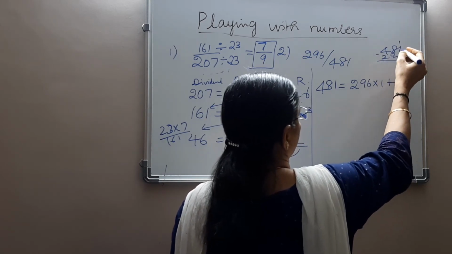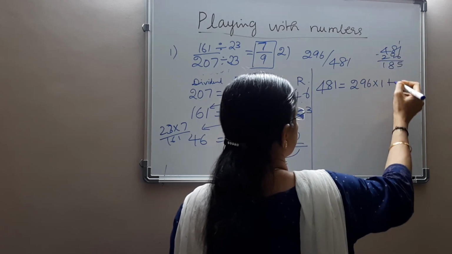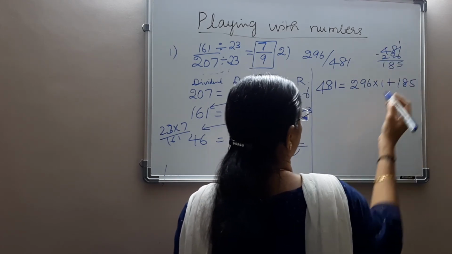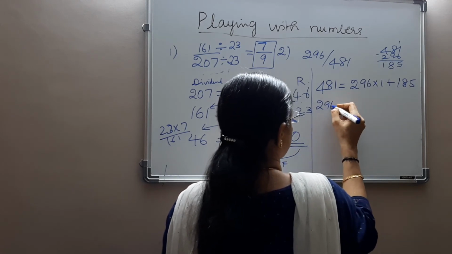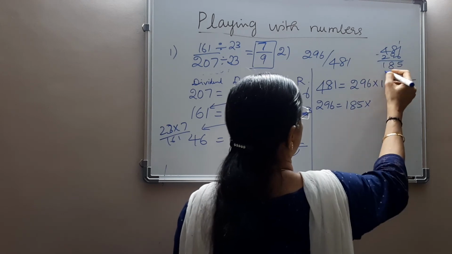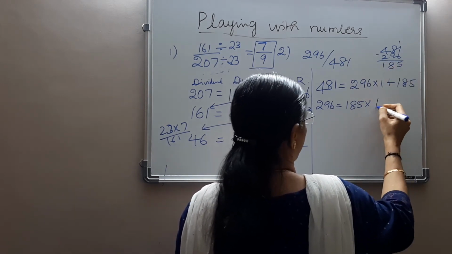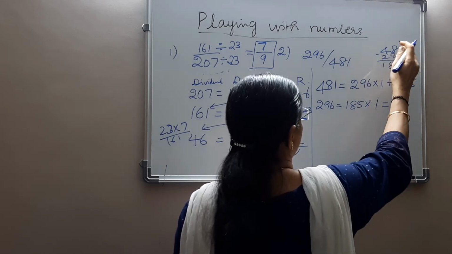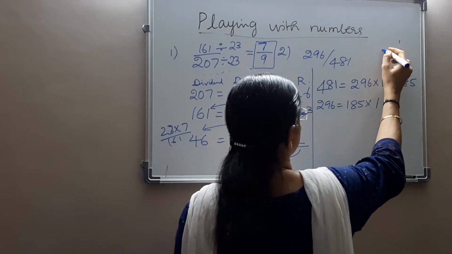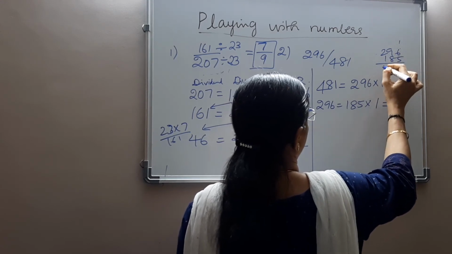Subtracting, you get 185. Okay, 185. Now bring this 296 to this side and put 185 here. 185 plus 185 will be more than 296. So 185 ones are 185, and 296 minus 185 will give you 111.